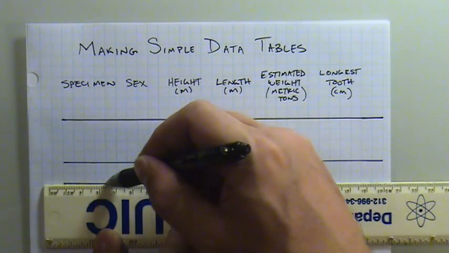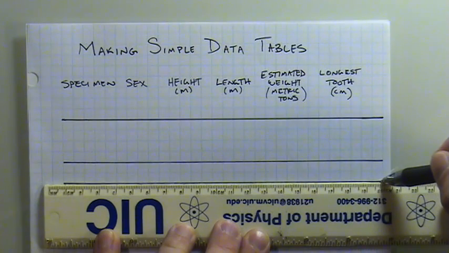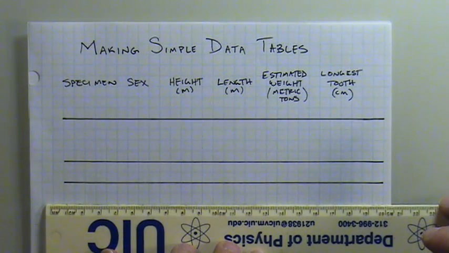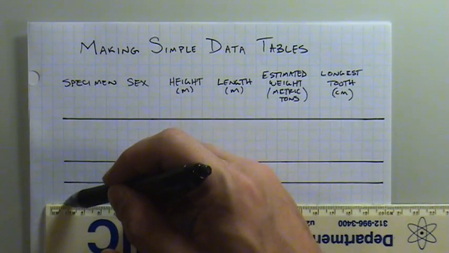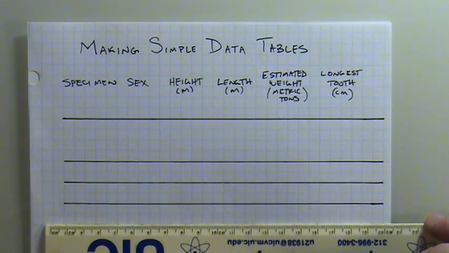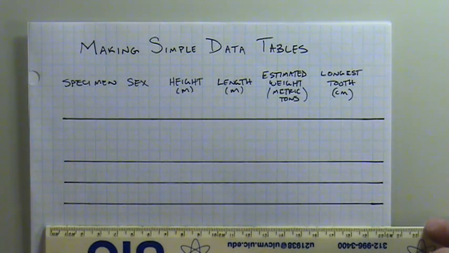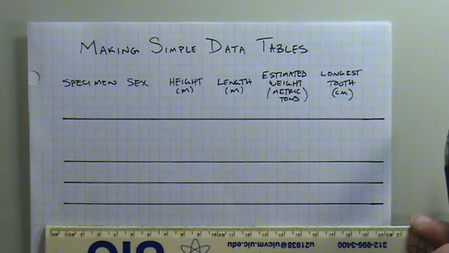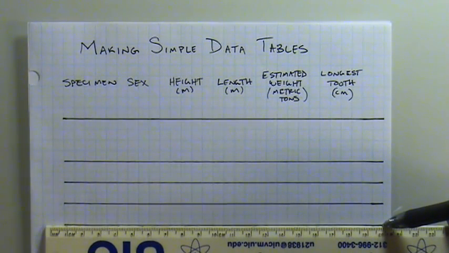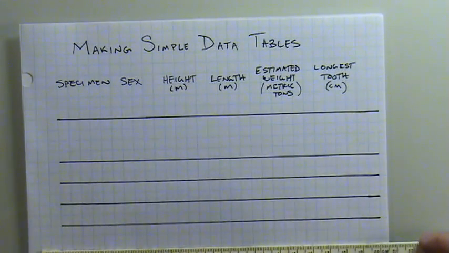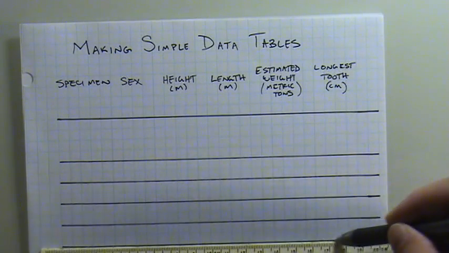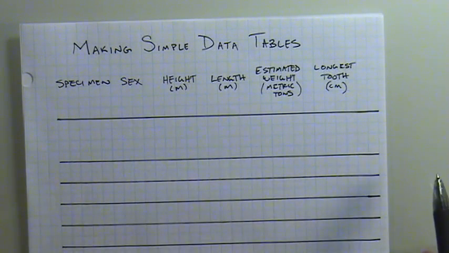So here's where the information for T-Rex A, T-Rex B, T-Rex C, D, and lastly E will go.